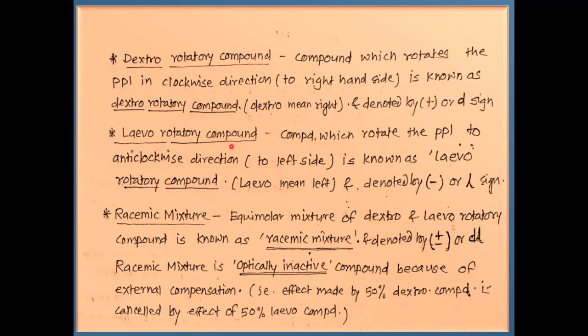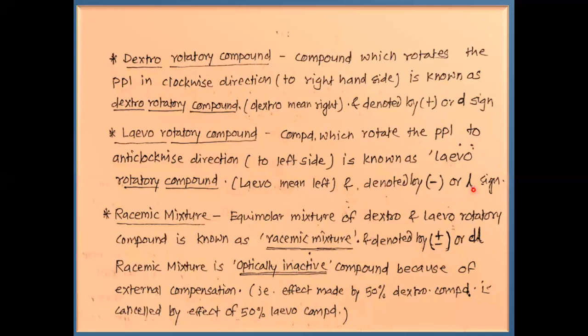Levorotatory compound: the compound which rotates the PPL to the left side or anti-clockwise direction is known as a levorotatory compound. Levo means left, and it is denoted by a negative sign or L sign.